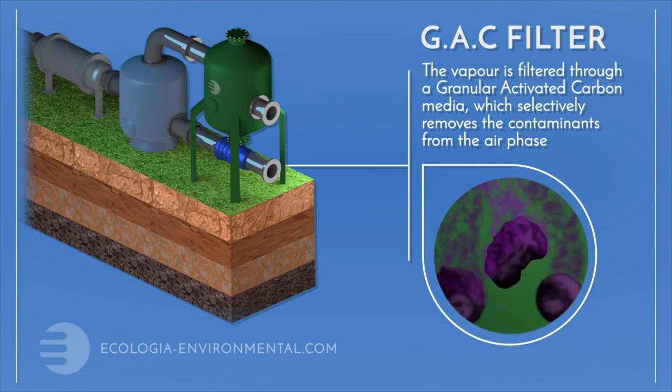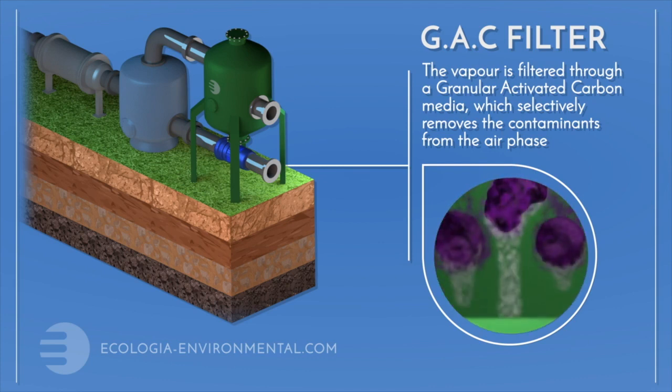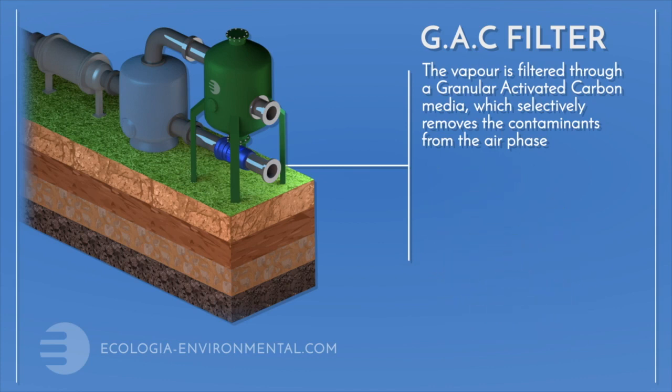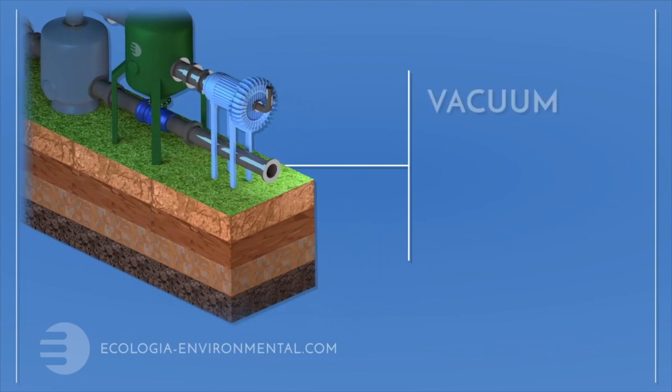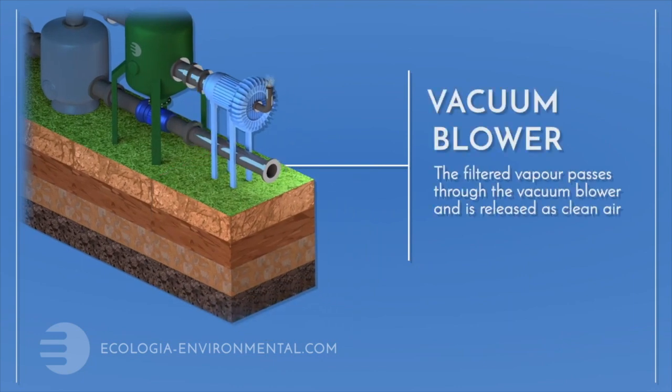So the extracted vapors are cleaned before discharge by passing through a granular activated carbon filter. This also prevents any explosive vapors reaching the vacuum blower. A single vacuum blower can provide suction to 1, 10, or even 50 extraction wells.